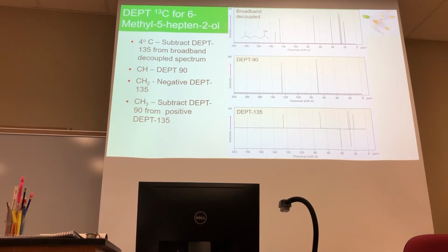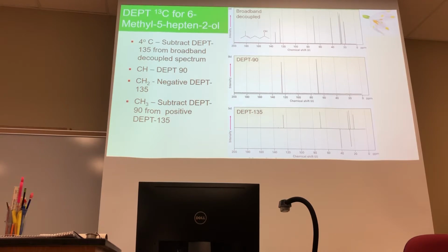Anyone else getting something other than 8? Everyone getting 8? Okay. So when we're looking at these, we automatically know that this region is probably going to be the double bond region. So we know that these two are in here.